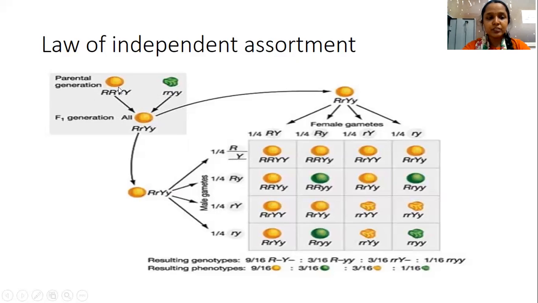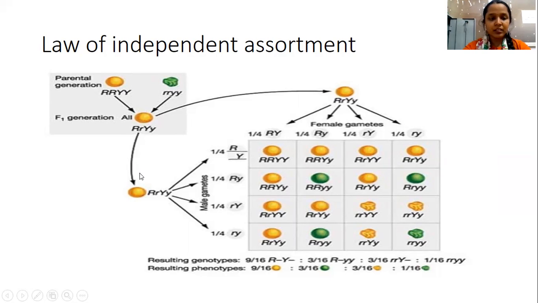So in the parental generation, he had taken the pure lines, round yellow and green wrinkled parents. In the F1 generation, he gets the hybrid, that is, round and yellow. The phenotype of that individual is decided by the dominant genes, that is, round and yellow. But along with the dominant genes, the recessive genes are also present. So that is the hybrid.